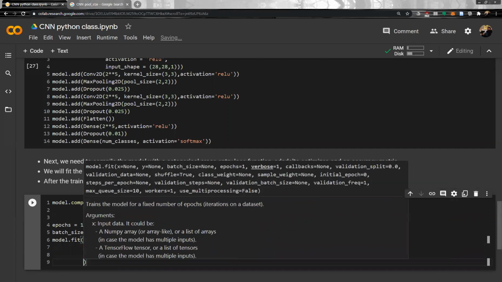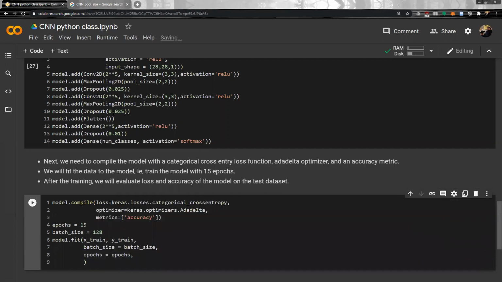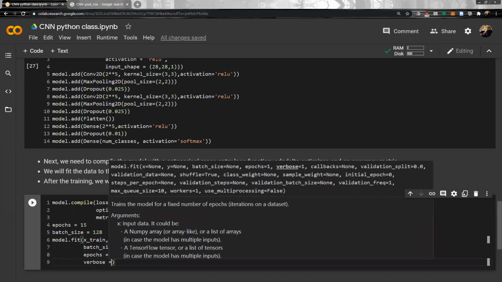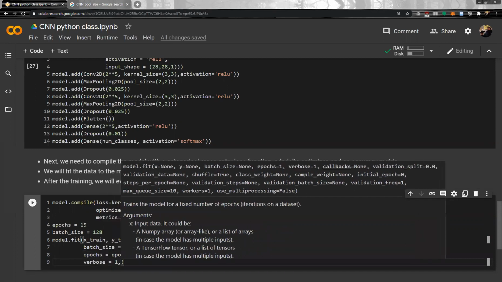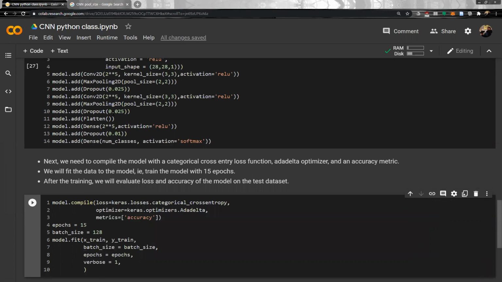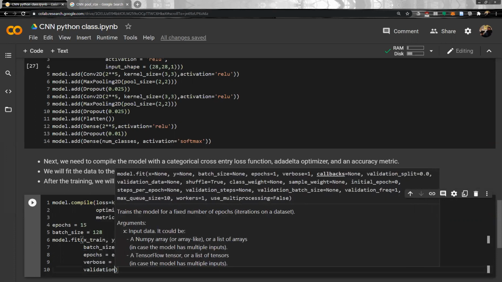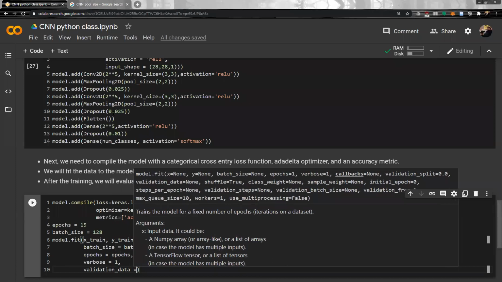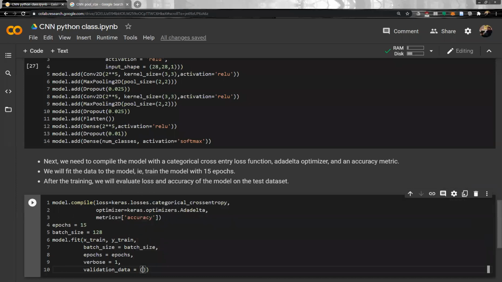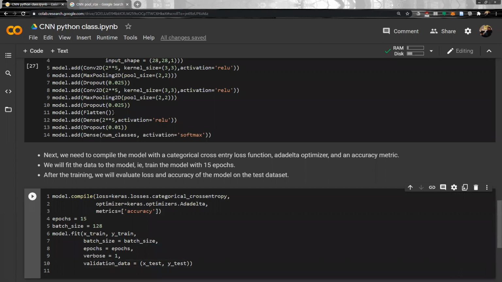And then I want to see the result. So verbose equals 1: 0 is quiet, 1 shows the result. And then we have to specify validation data. Validation data is of course X test and then Y test.